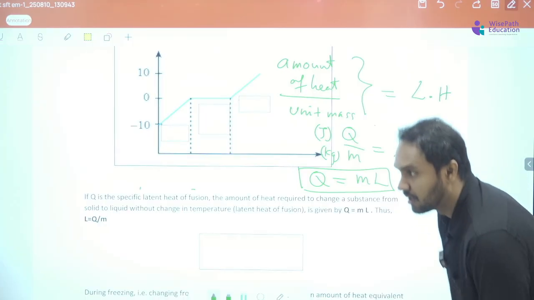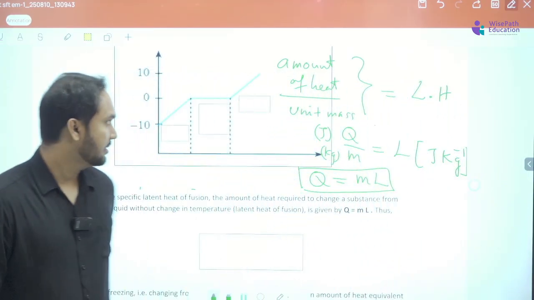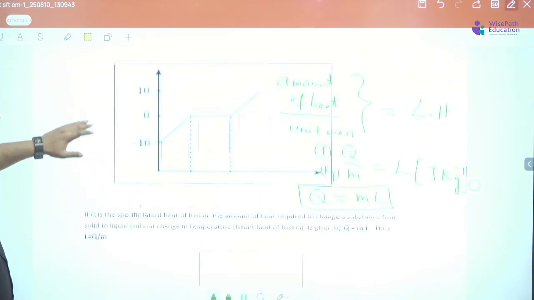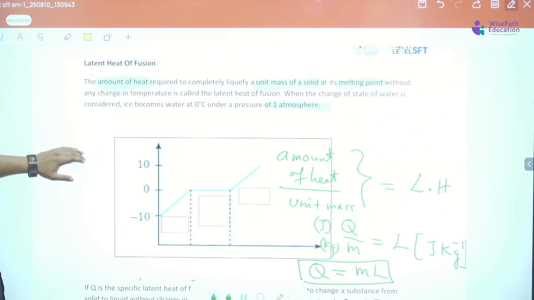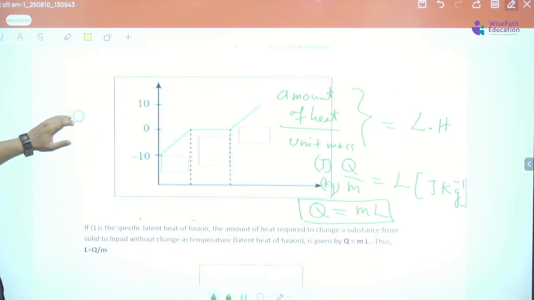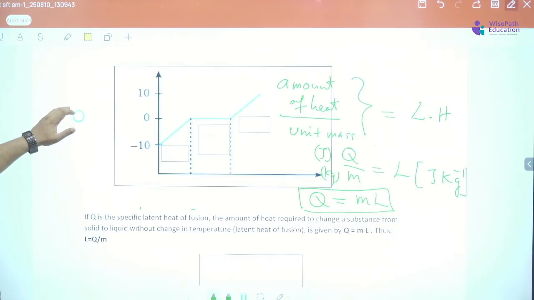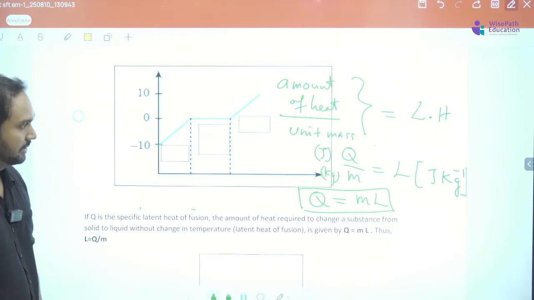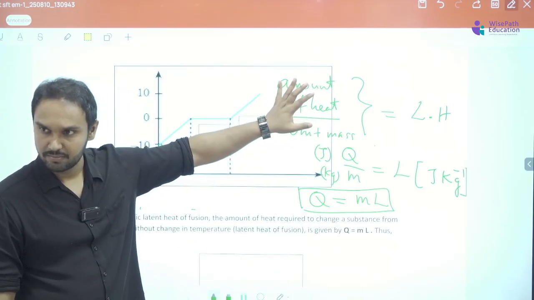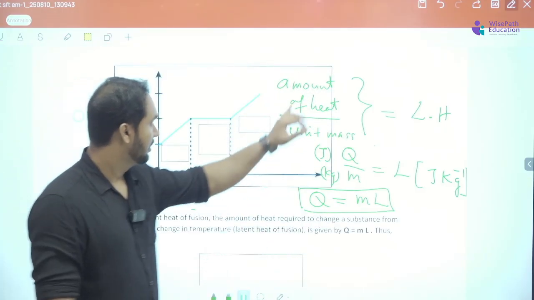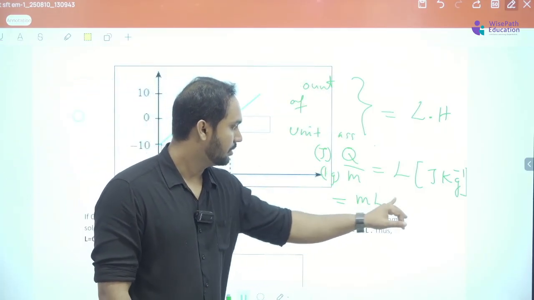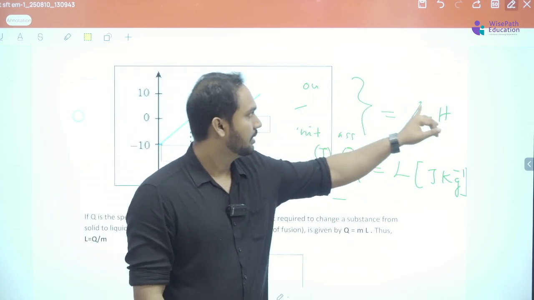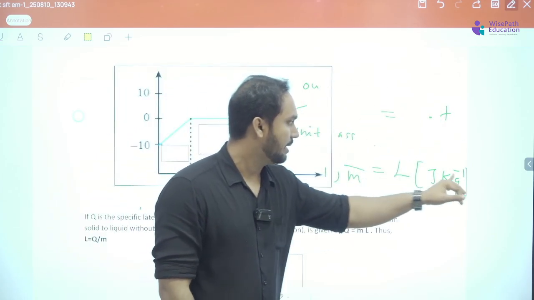Finish? Yeah, right. So this is the graph. Now this graph shows you how the temperature changes with the heat applied, right? Shall I erase this now? Now the graph shows you how the temperature changes when the heat is applied.